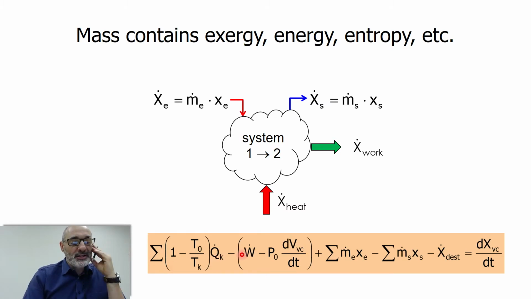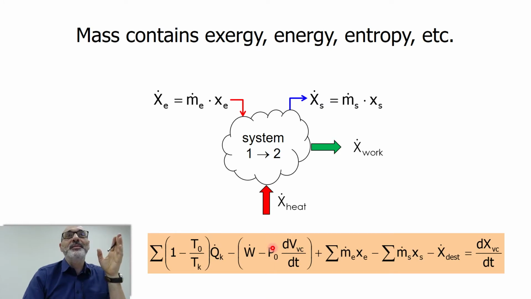W is the exergy content associated with the surplus work. And this term here is exergy being exported due to deformation of the control volume. If this surface is deforming and compressing the atmosphere, the pressure is P, the force is P, and the displacement is dV/dt.